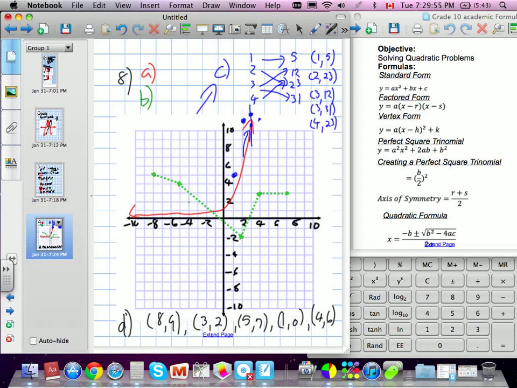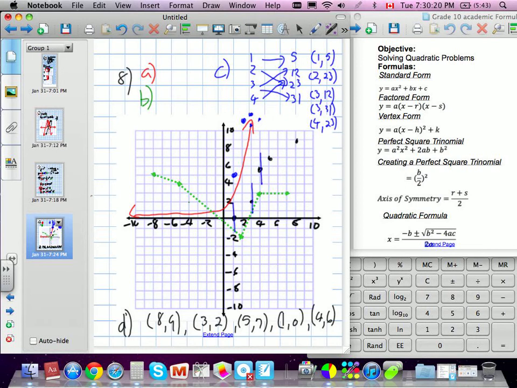So for all of these points, if I draw vertical lines, do I ever hit 2 points? No. So which is the only one that is not a function? C. C is the only one that is not a function. Okay? It does not pass that vertical line test. Or in other words, it has 2 values for the same x coordinate. Okay? When we're on x, we actually have 2 y values.